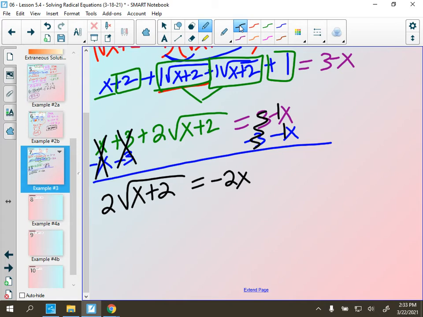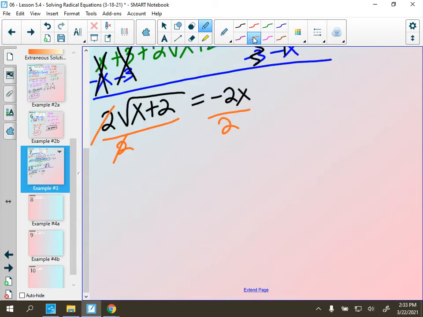Negative 1 minus 1 is negative 2. But again, really conveniently here now, I guess I'm still picking strategic numbers to use as far as setting up the examples. We can get rid of that 2 by dividing by 2 on both sides. I'm going to end up with negative x, right? I'm just canceling out there.